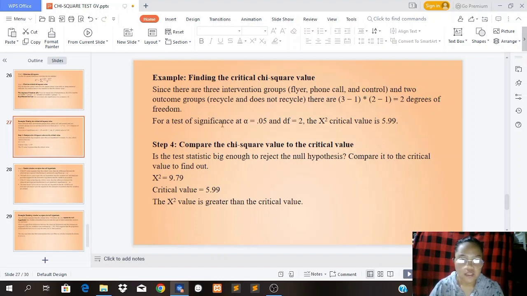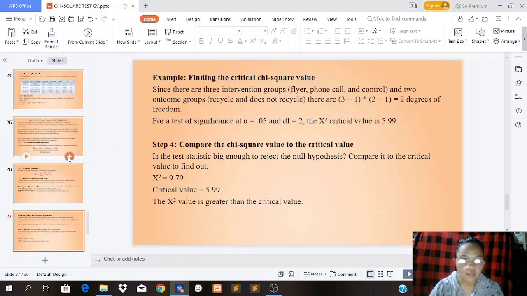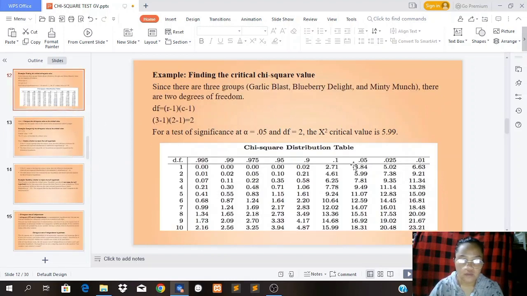For a test of significance level equals 0.05 and degrees of freedom equals 2, the chi-square critical value is 5.99. So, this is our chi-square distribution table. Our degrees of freedom is 2, then our significance level is 0.05. So, here is our critical value, 5.99.